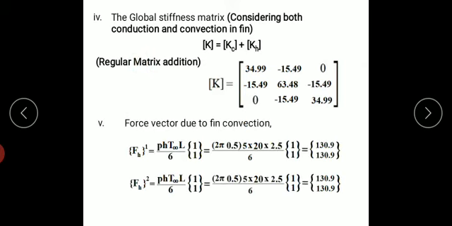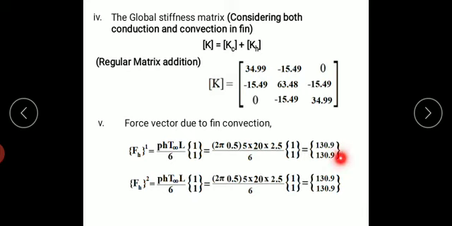Force vector due to fin convection. Here again, the formula is going to vary: P H T infinity L by 6. P is the perimeter, H the heat transfer coefficient, and T infinity is 20. It is not 220, it is 20 degrees Celsius.